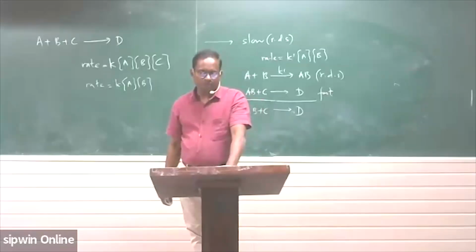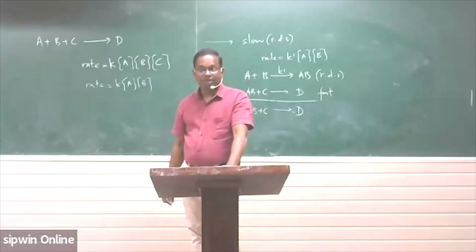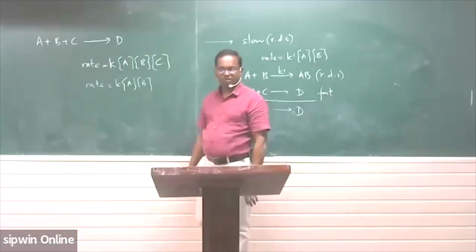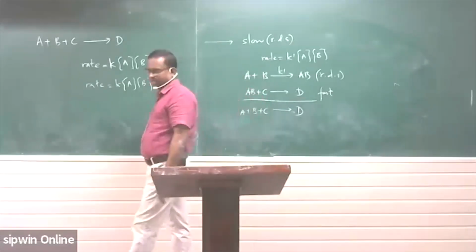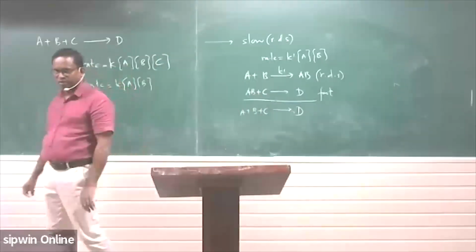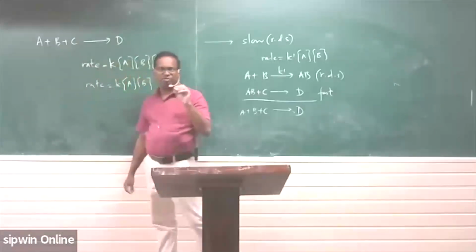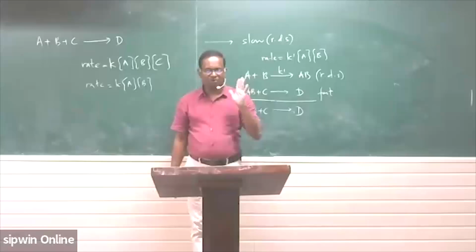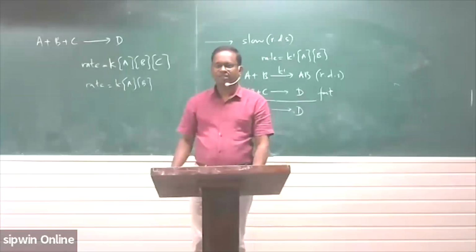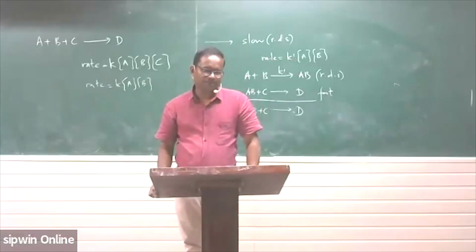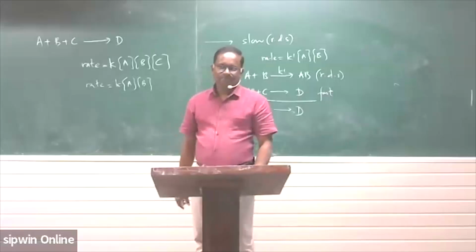That is the summary. Now you need to understand where we are. If the reaction is zero order with respect to one component, then the overall reaction should definitely be a multi-step one. It cannot be elementary. Understood?